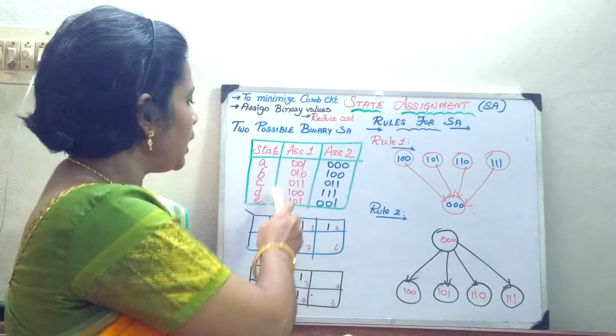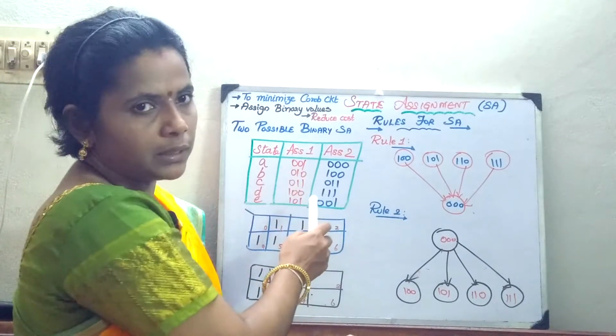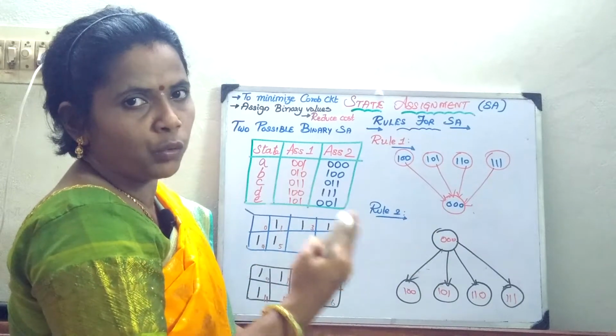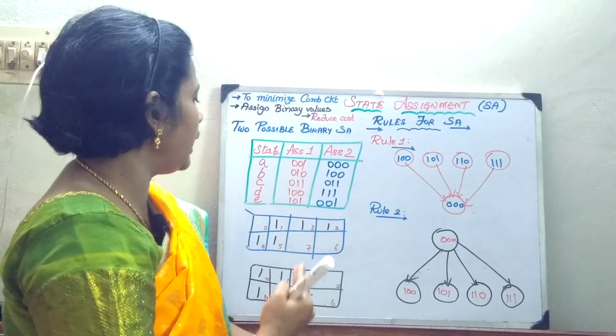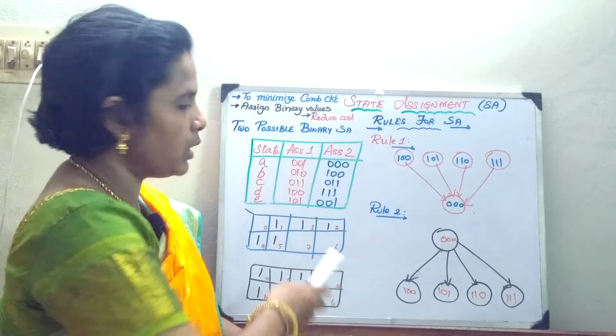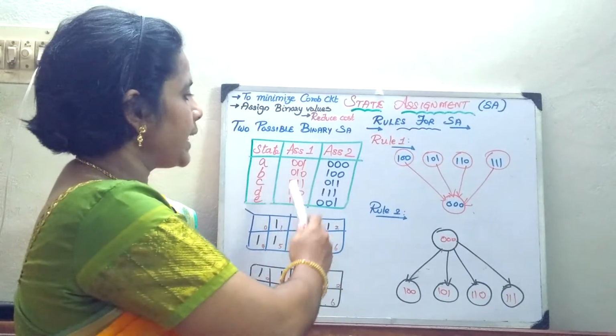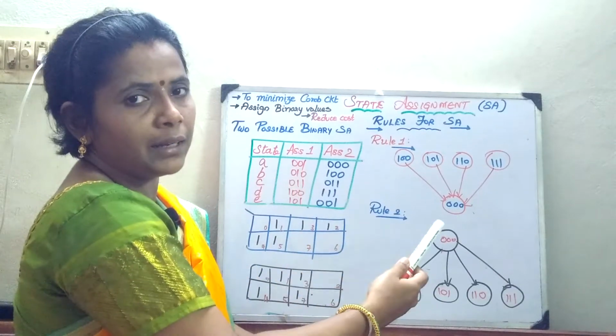The first one is a straightforward method: for A I give 1, for B 2, for C 3, for D 4, and for E 5, in binary. The second one is a random state assignment.